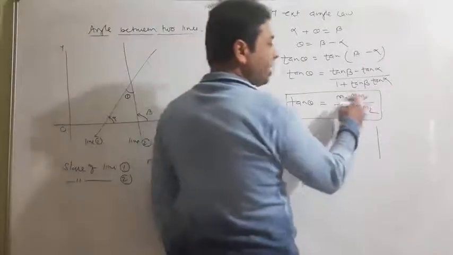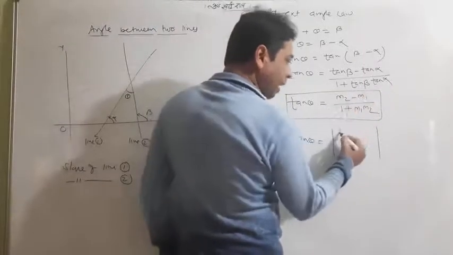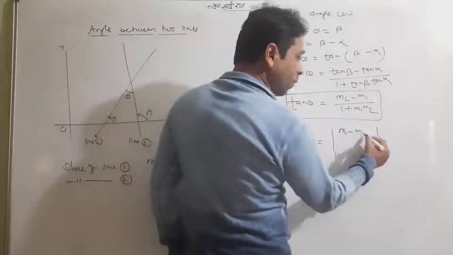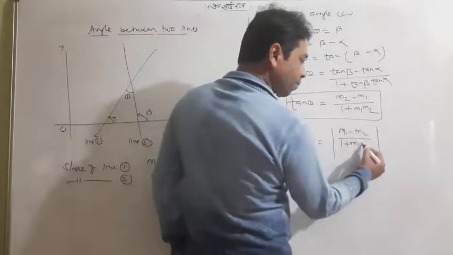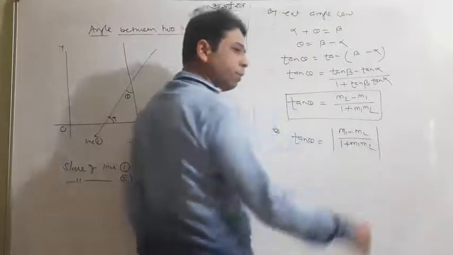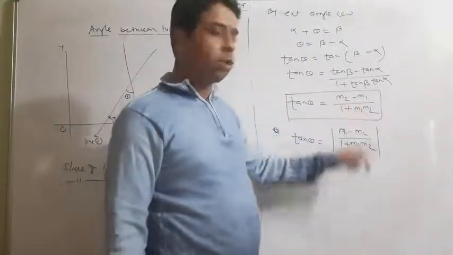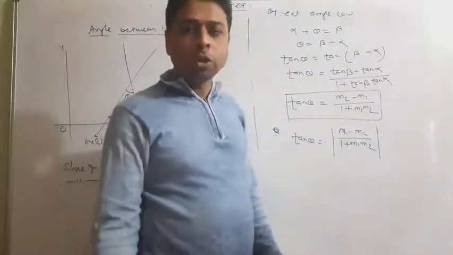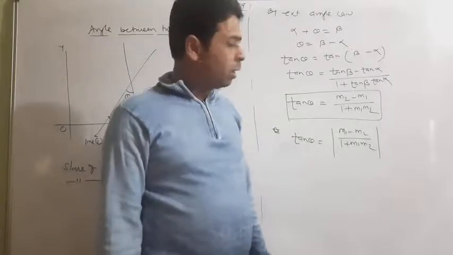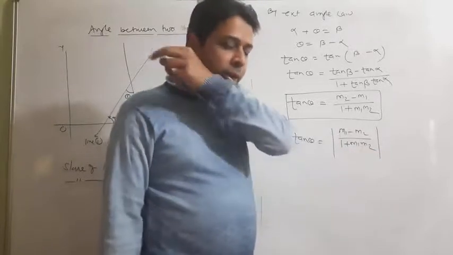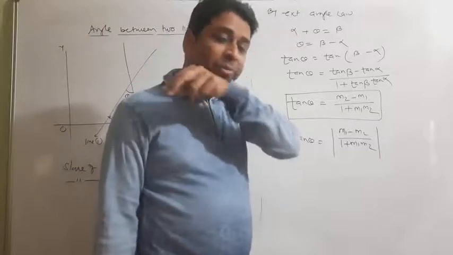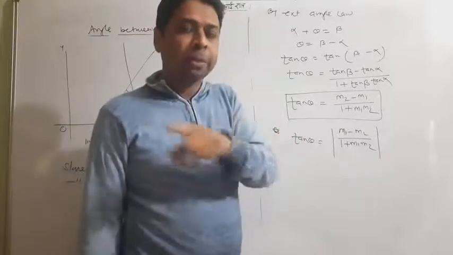So I change this m2 minus m1 and write m1 minus m2. Now you are thinking, sir, why did I write it like that? No matter, because I already have used the mod. So m2 minus m1 or m1 minus m2, both are going to be the same. So don't worry about that. Now this looks good with m1 minus m2 upon 1 plus m1 m2.